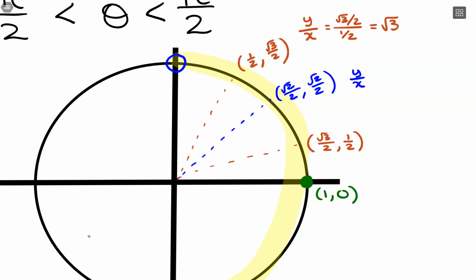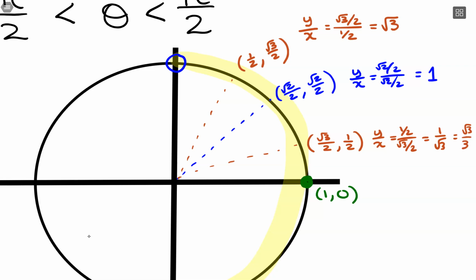For here, tangent would take root 2 over 2 over root 2 over 2, which is equal to 1. Here, tangent would look like 1/2 over root 3 over 2, which is 1 over root 3, or if I rationalize it, same thing as root 3 over 3.